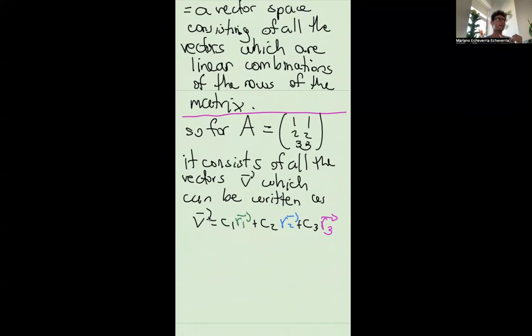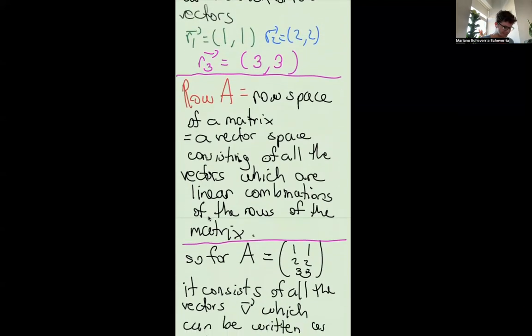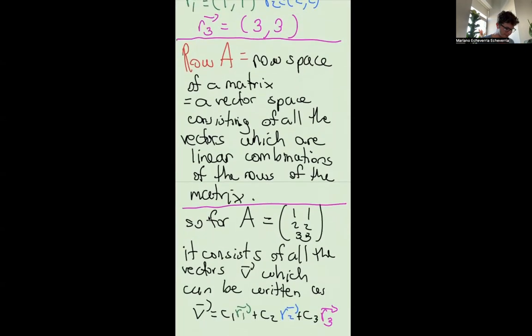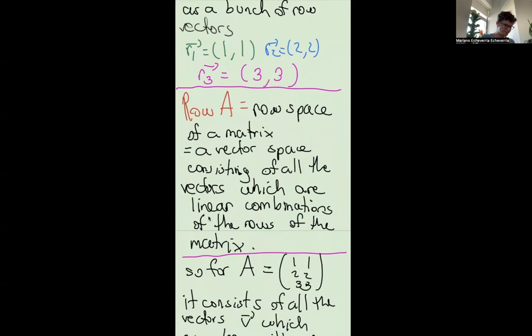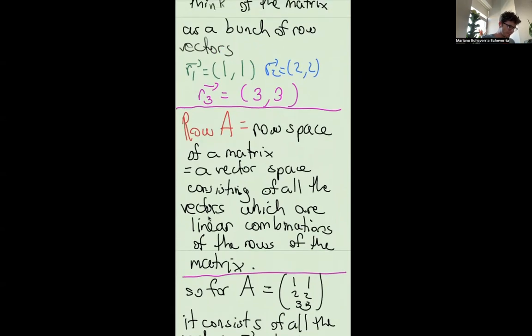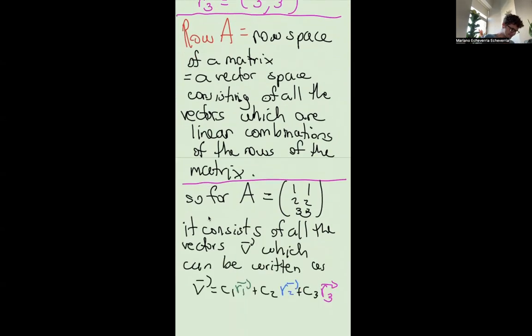Now, I'm starting with this very simple example because there's something that is maybe kind of obvious in this case. I don't know how obvious it is that there's a relation between these different row vectors. What can you say about the row vectors here?